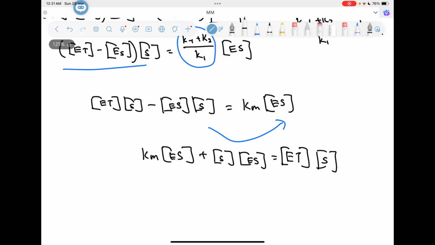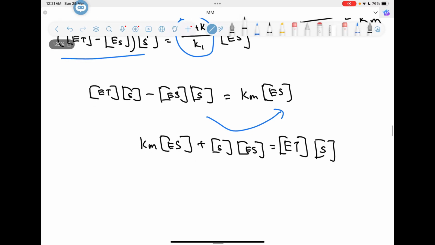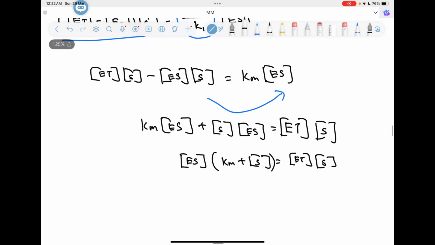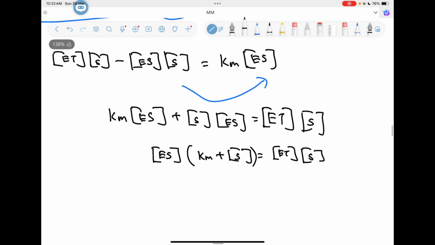And now we factorize out ES on the left side. ES, we have Km plus S equals to ET S. And now we just have to divide that whole equation by this term.